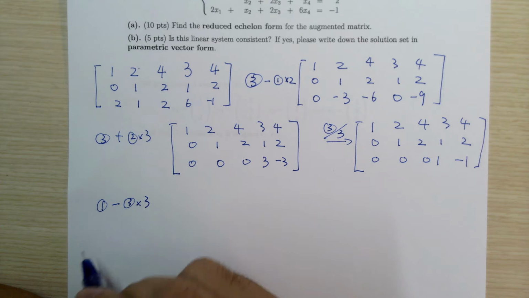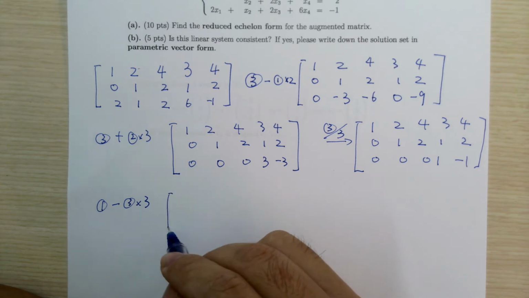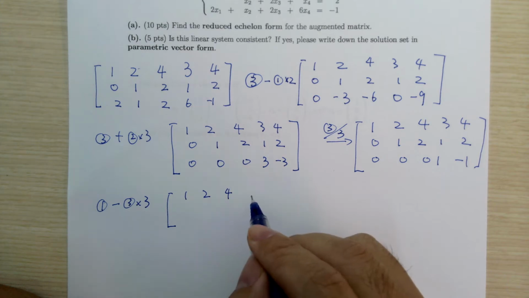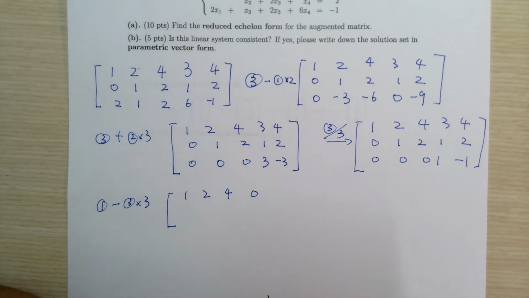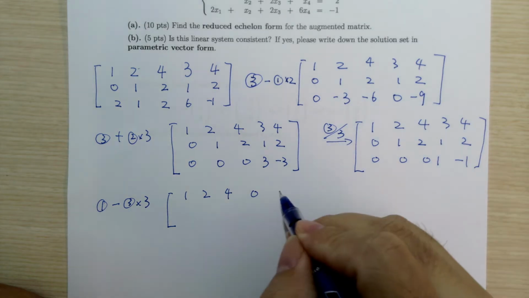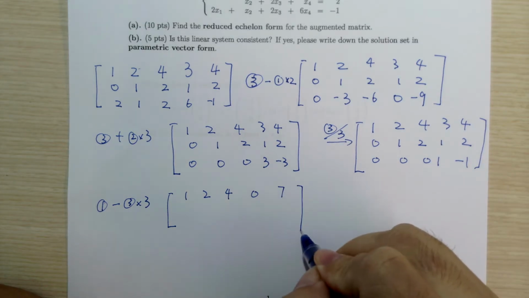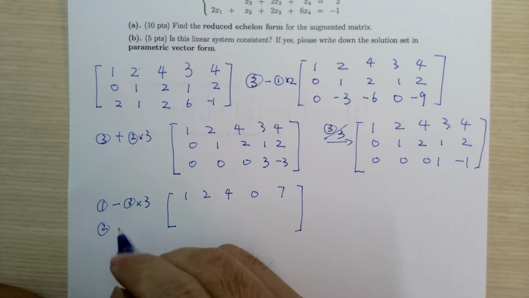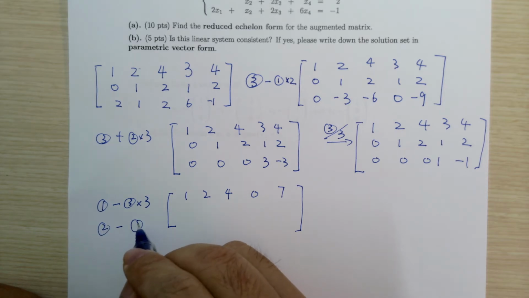times 3, right? That will give us 1, 2, 4, 0, and then this is minus 3. Subtracted, it's going to come to a 7, okay? Meanwhile, we're going to use row 2 to subtract row 3.